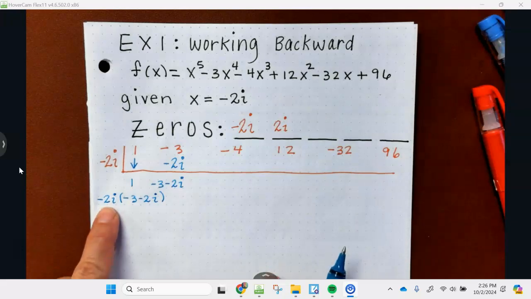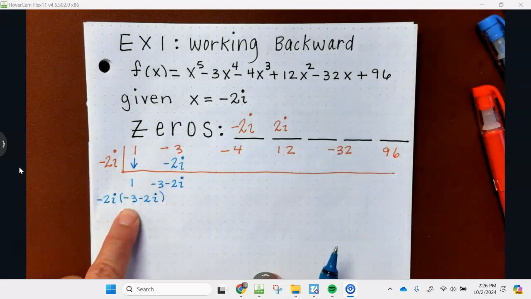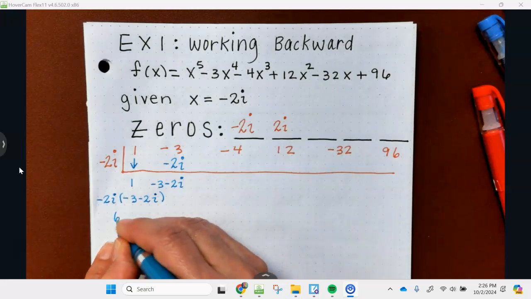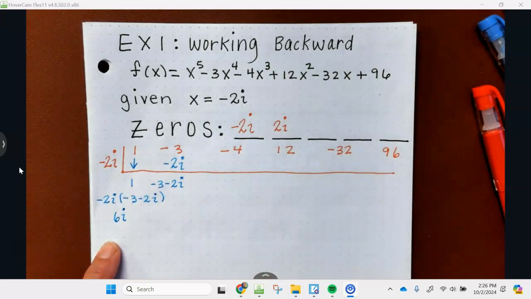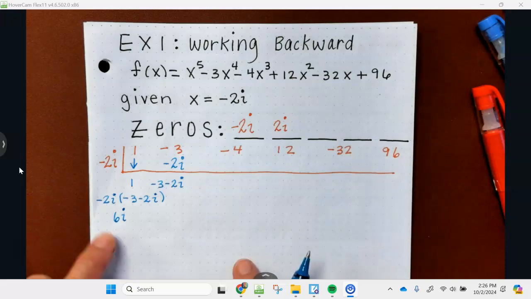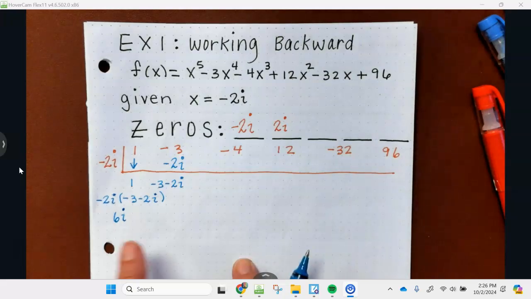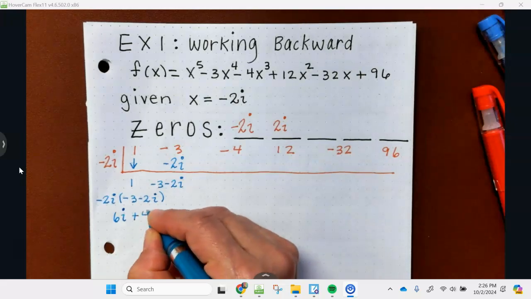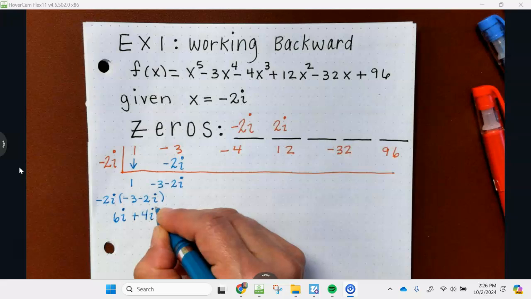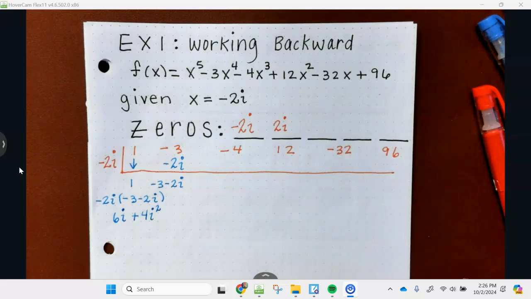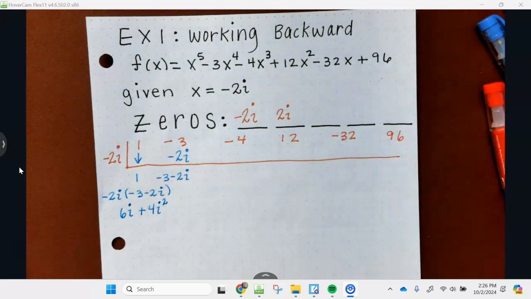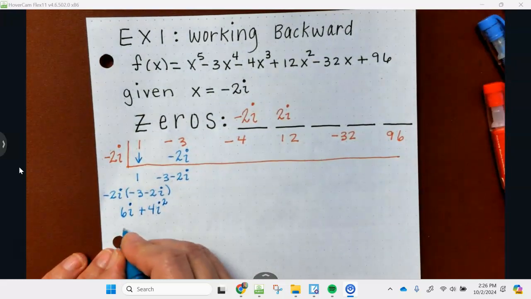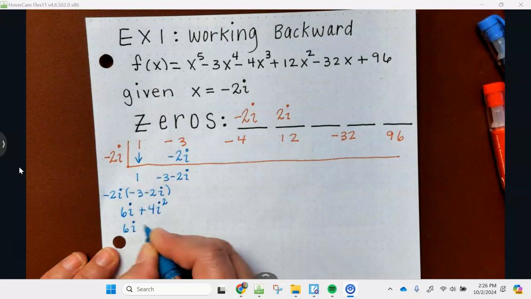So a negative 2i times a negative 3 is a positive 6i. Negative times a negative is a positive. A negative 2i times a negative 2i is going to be a positive 4i squared. But hold on, what does i squared equal? It equals negative 1. So again, this is 6i plus 4 times a negative 1.